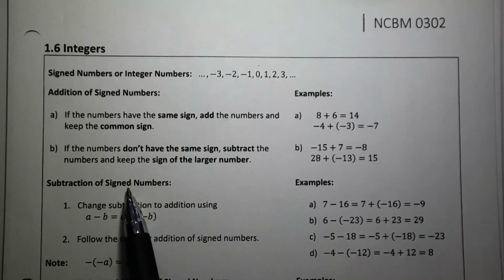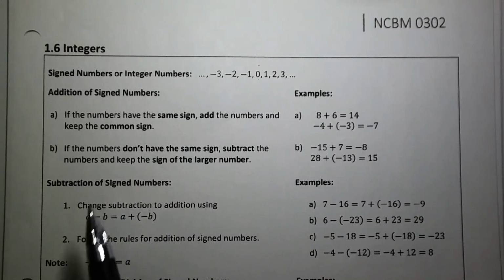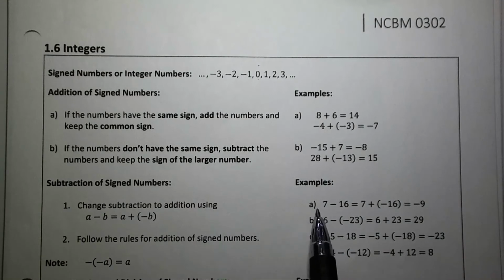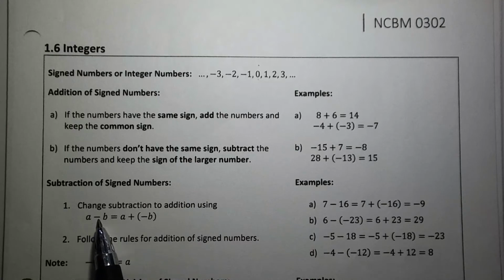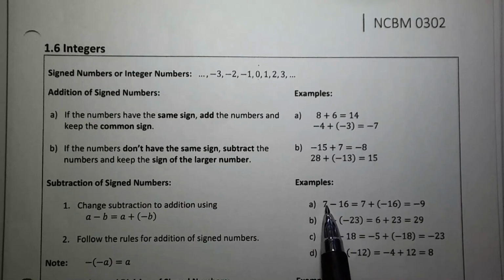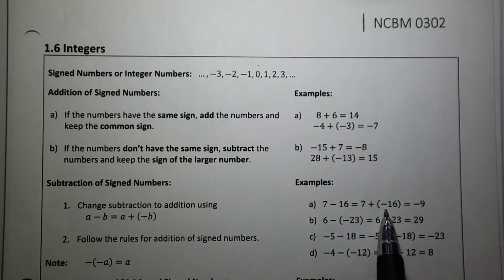In subtraction, when we subtract two numbers, for example, A minus B, in this case 7 minus 16, we change it to addition. We change the subtraction sign to addition, and we keep the sign of the second number, which is negative. 7 minus 16: we change the negative sign to a positive sign, and we keep the sign of this number 16, which is negative.